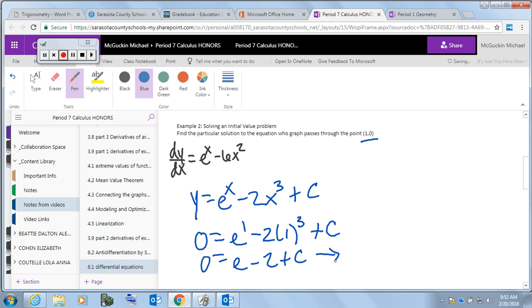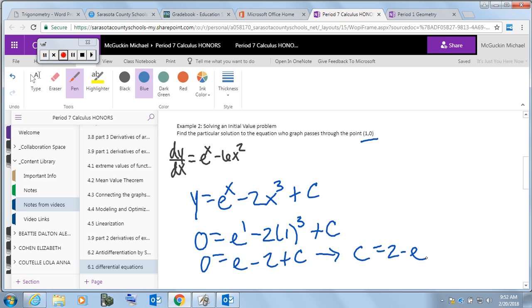Well, this is going to show me that if I add 2, and I subtract e, that's just going to be 2 minus e for a value of c. So I get it, c has value, but it also has value by how it is right now, so I can leave it like that.